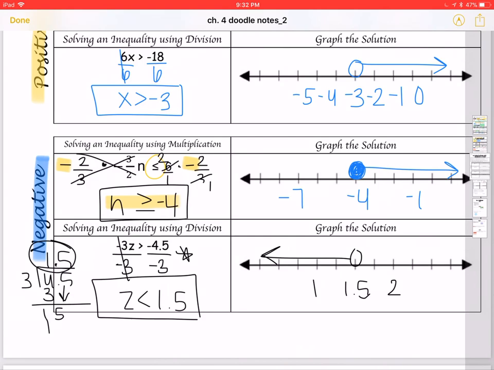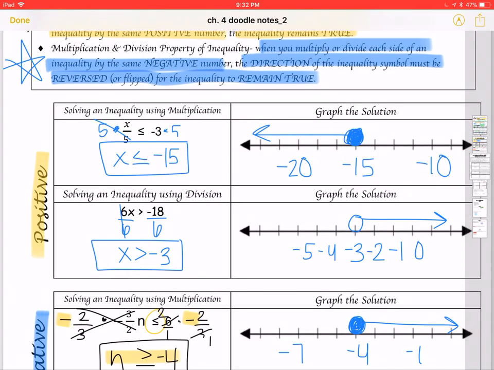We'll also practice a ton more. Hopefully graphing your solution is becoming easier because we're doing it so much. The newest thing you need to remember is when you multiply or divide by a negative, your symbol flips. If you multiply and divide by a positive, everything just carries down the same as when we add and subtract.